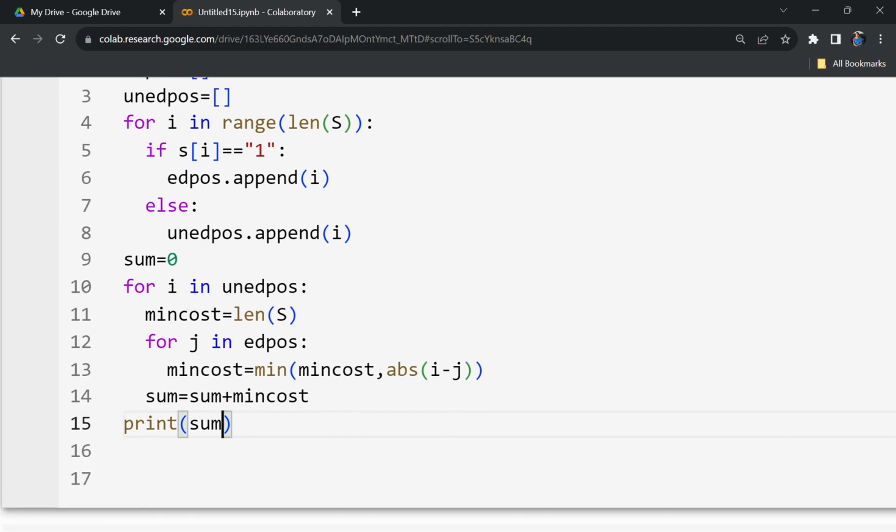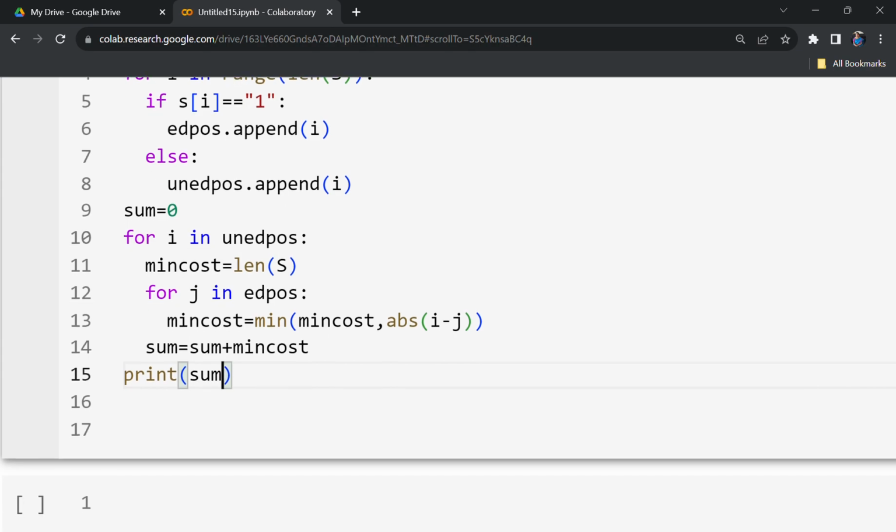Then I am assuming sum equal to 0. Sum is nothing but the total minimum cost to make all uneducated people gain the knowledge from educated people. So that sum is initially assumed as 0.